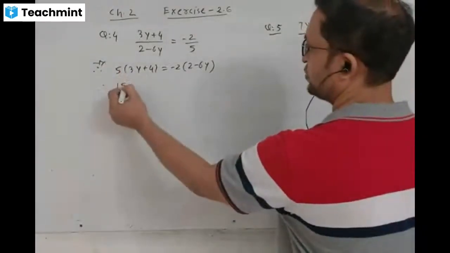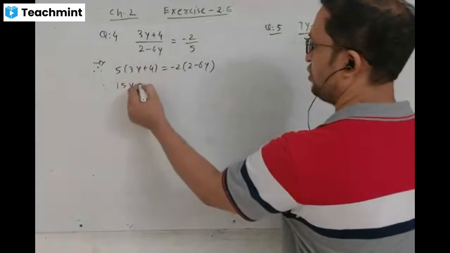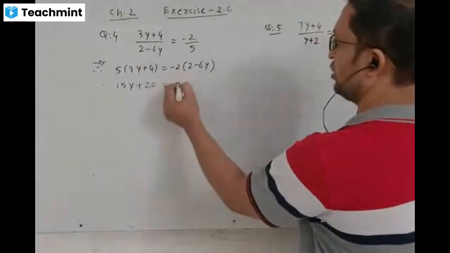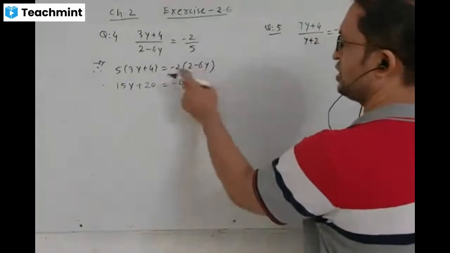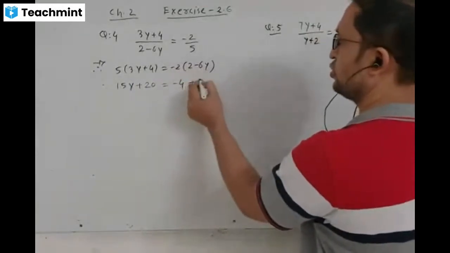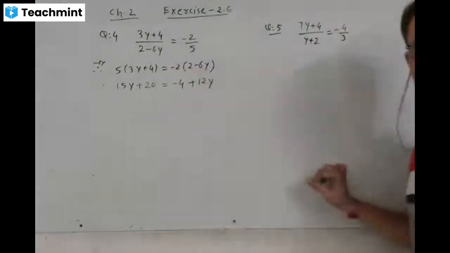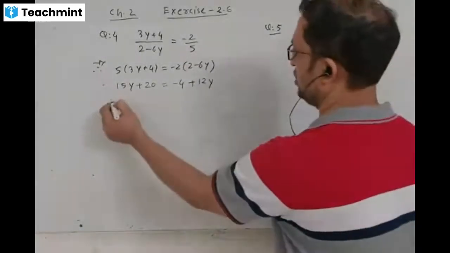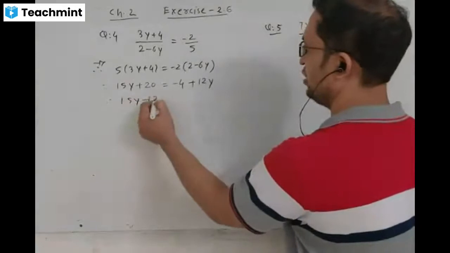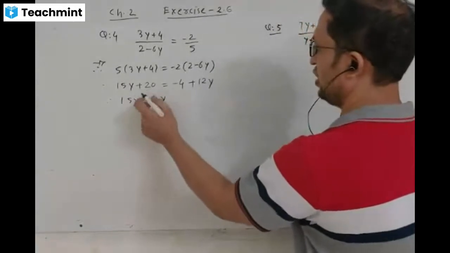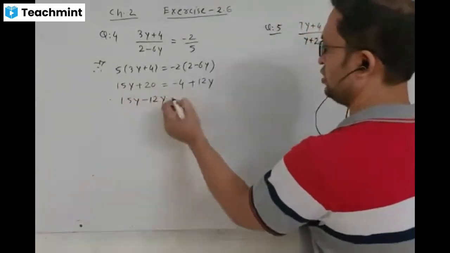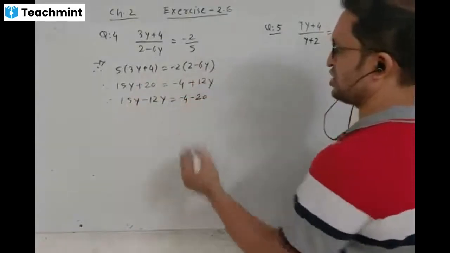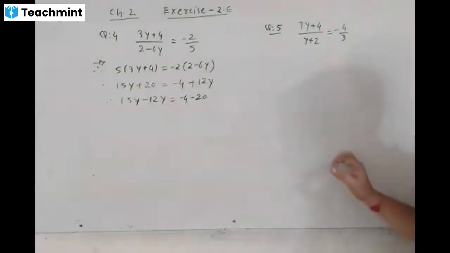5 multiply 3y, that is 15y, and 5 into 4, that is 20. Minus 2 multiply 2 is minus 4, and minus minus plus, 2 times 6 is 12y. Okay, here 12y transposing left side, that is minus 12y, and that is equal to minus 4, 20 transposing right side, that is minus 20.